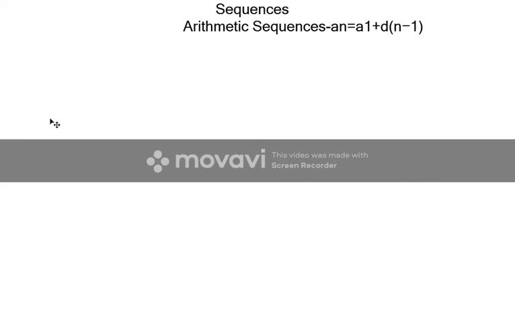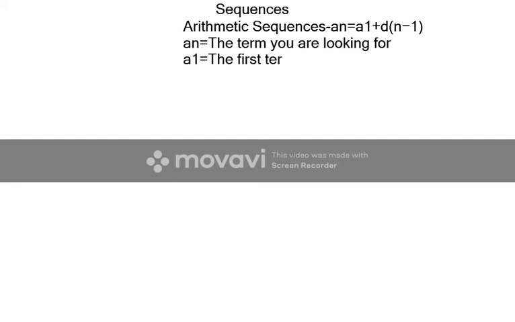You might be wondering, why are there so many different variables? Let's take a step back and define our variables. A sub n is the term or number you are looking for. A sub 1 is the first term in the sequence.